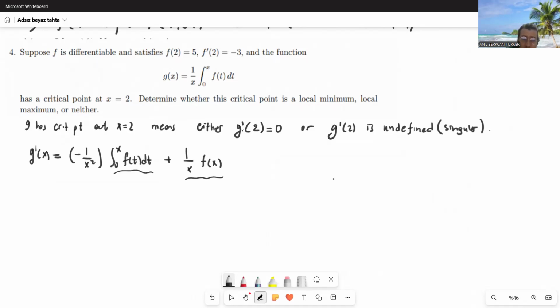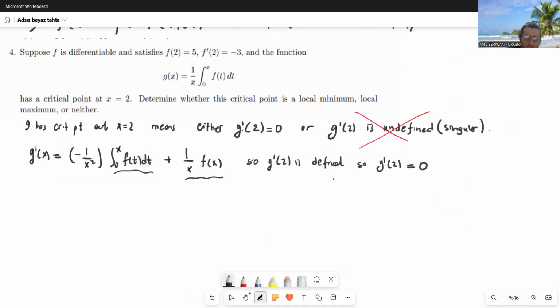This is even differentiable at 2. So everything is defined. So g prime 2 is defined. So this is not true. So g prime 2 is 0.